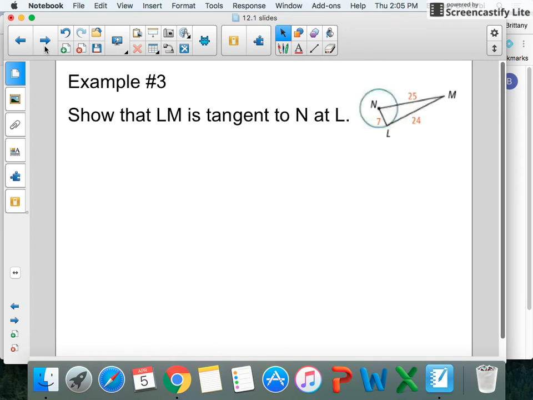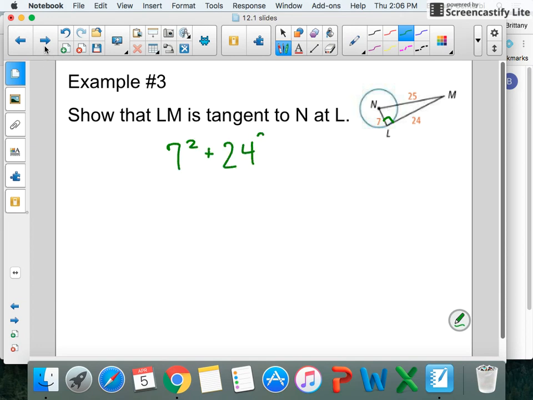So next we're going to show that line LM is tangent to N at L. So again, we're trying to show that there's a right angle here. So in order to do that, we just have to show that A squared plus B squared equals C squared. So we have 7 squared plus 24 squared equals 25 squared. So again, we're just checking to see if this is true.